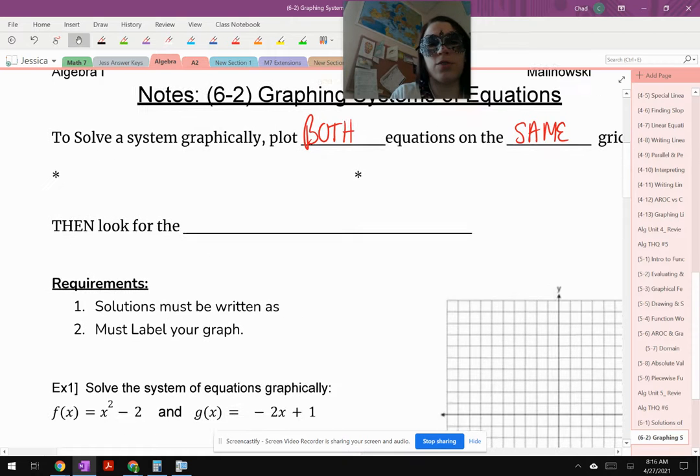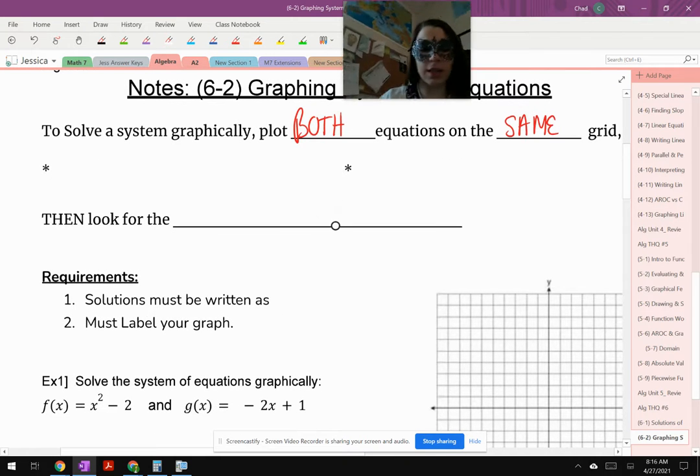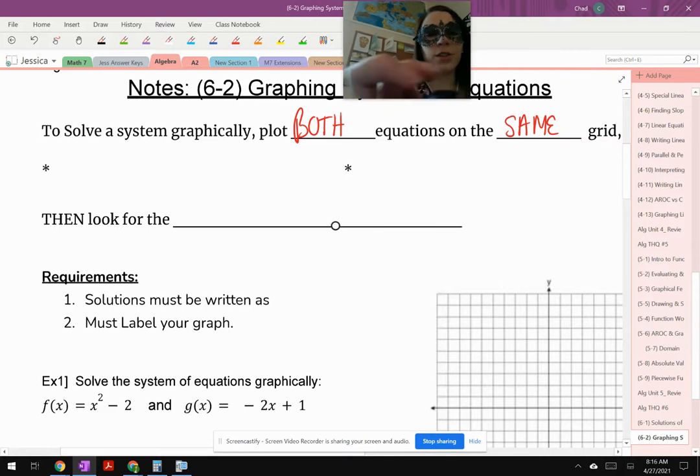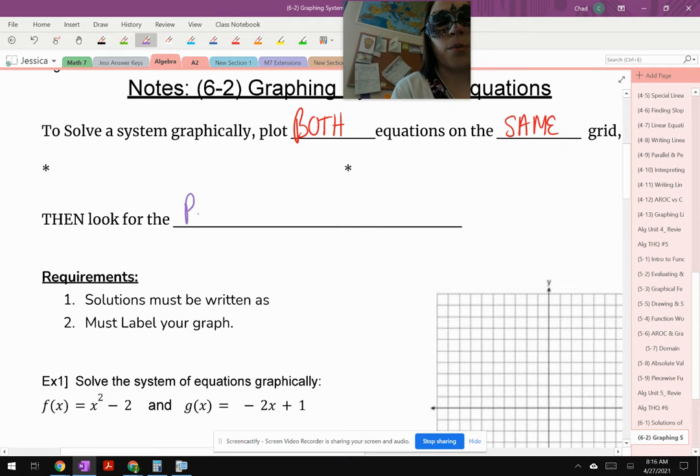Then you need to look for, and this is the key part, the important piece, the point or points, because there could be more than one, of intersection.